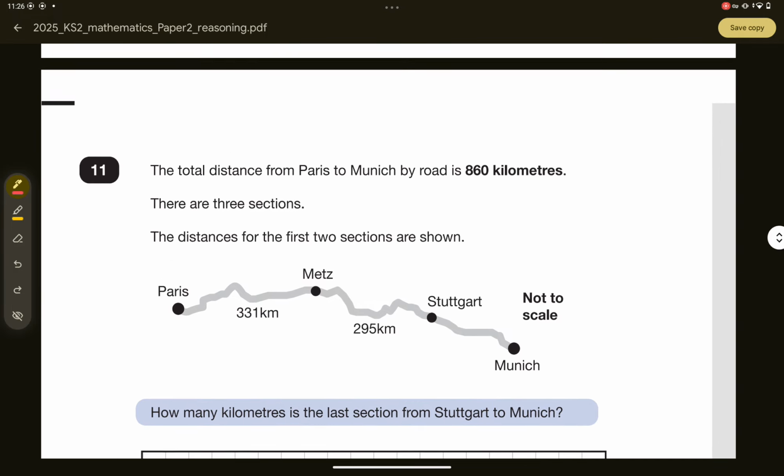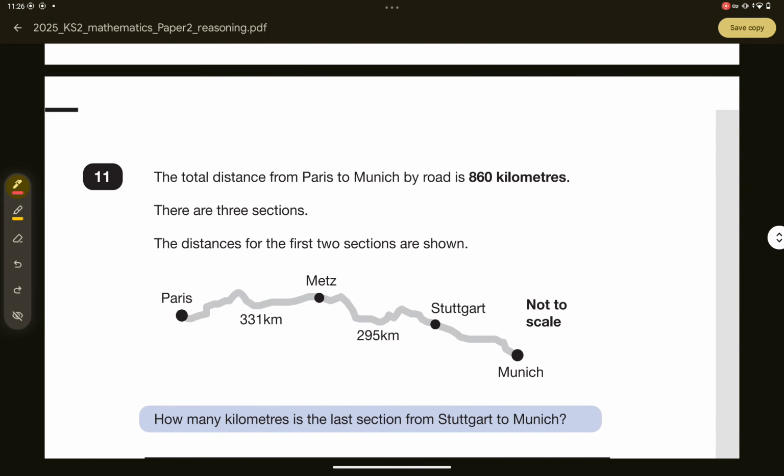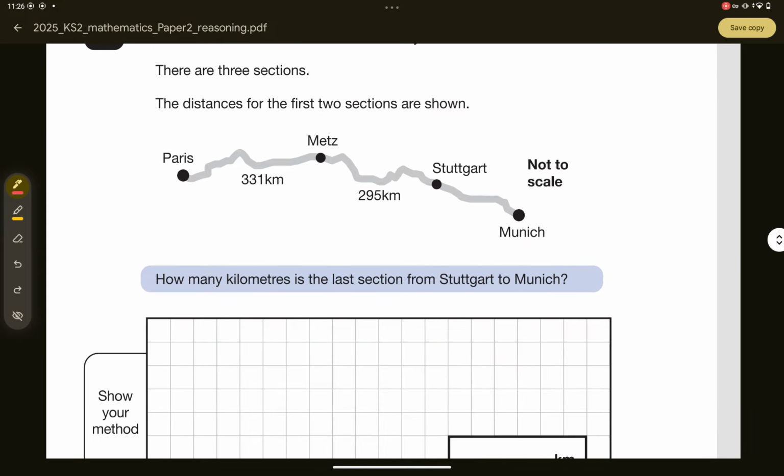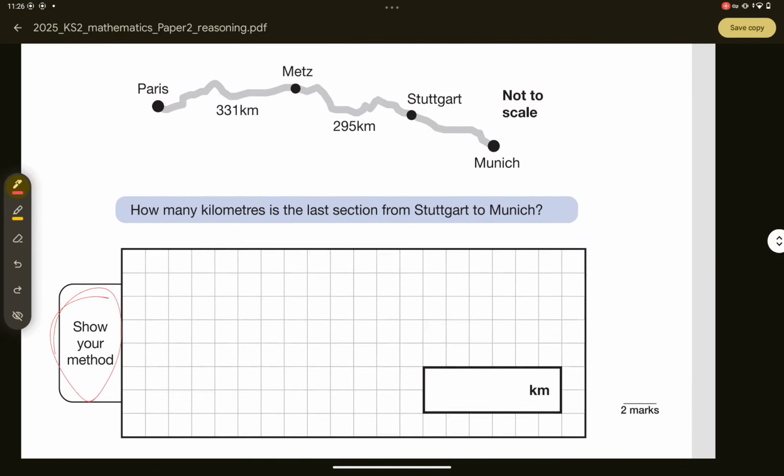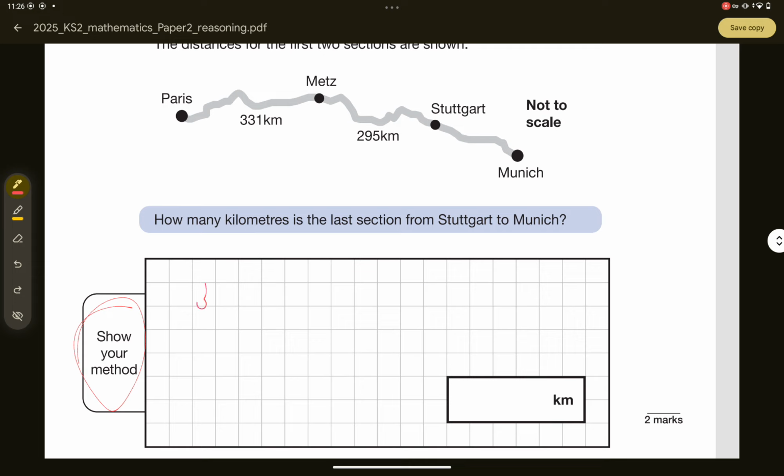So how many kilometers is the last section from Stuttgart to Munich? Show your method. You need to show your method to get 1 mark. If you make 1 mistake and don't get the correct answer, so we need to show our method.